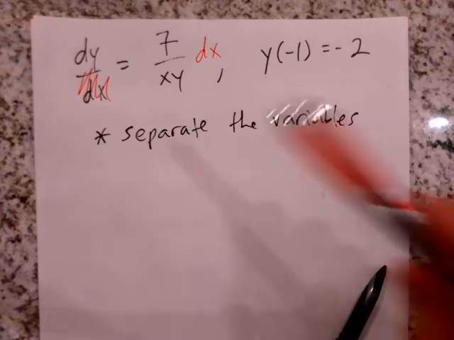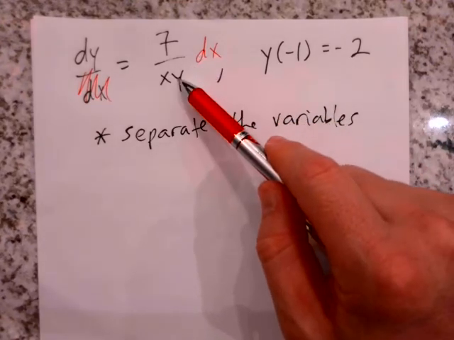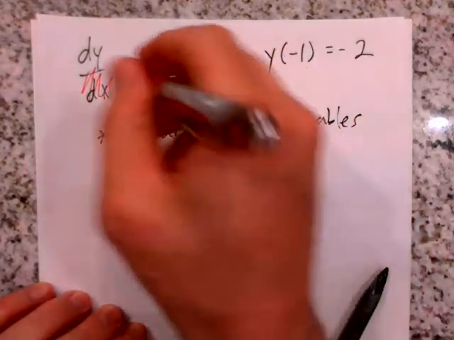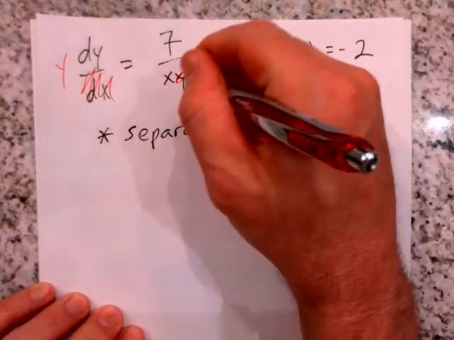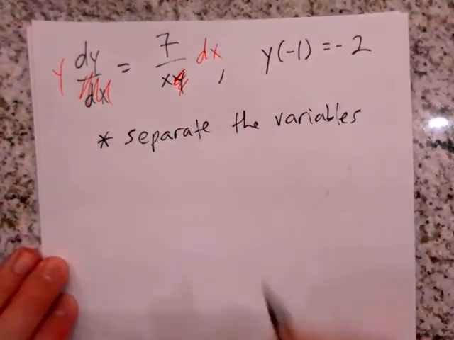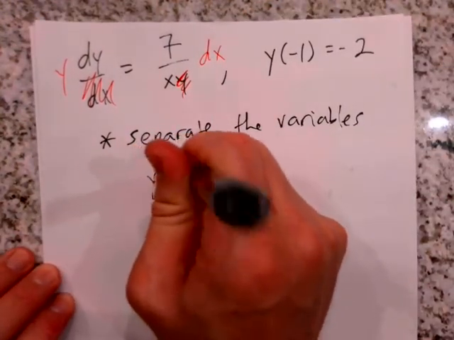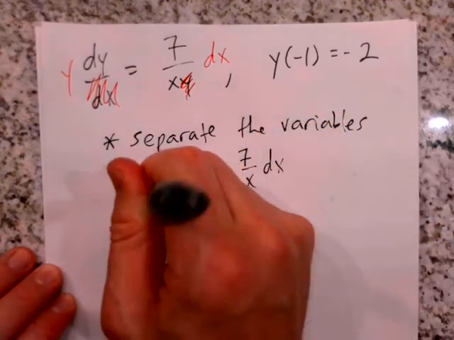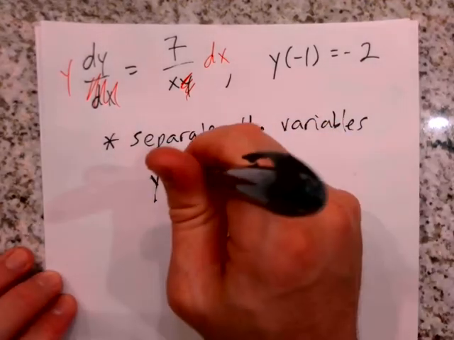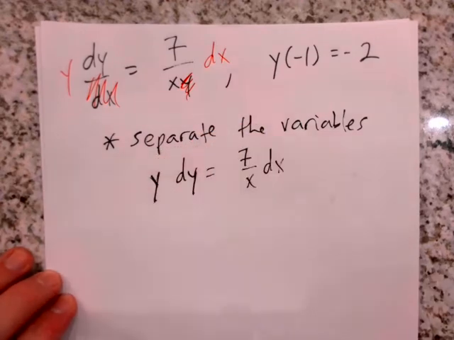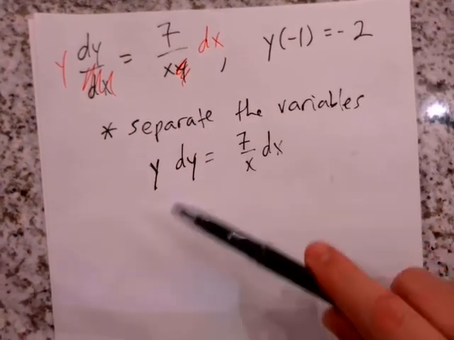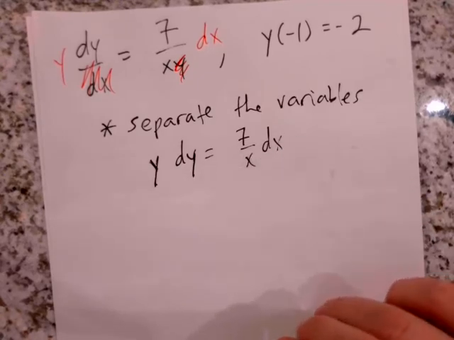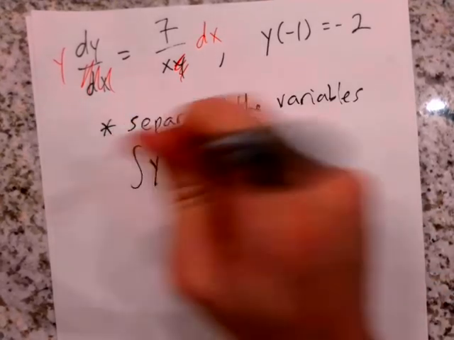But in order to do this integral, we need just x's here. So we move this y over to that side. That is algebra. You multiply both sides by y. By doing that, we get y dy equals 7 over x dx. This we can work with. We have all of our y terms on one side, we have all of our x terms on the other side. We can integrate that.